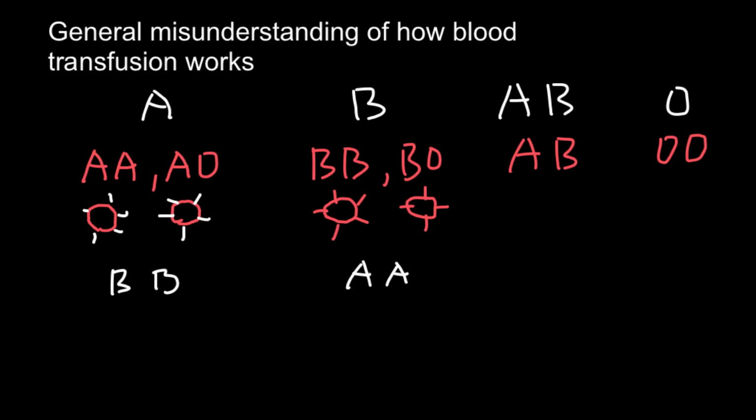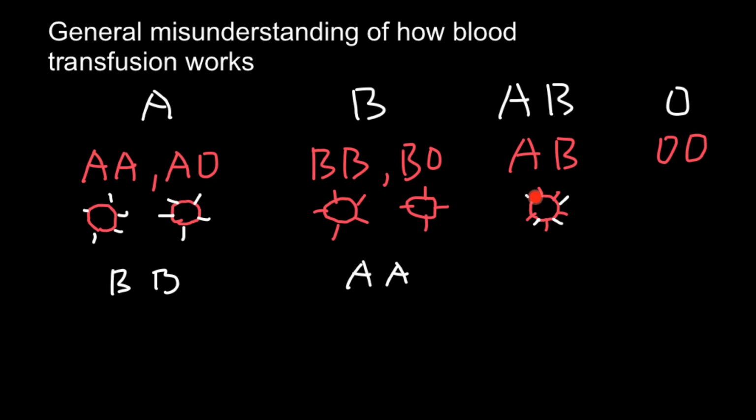And if we consider blood group AB, as you see only one genotype is possible, where we can find on the surface of the red blood cells both antigens A and B present, and in the plasma of this blood, we don't have any antibodies.